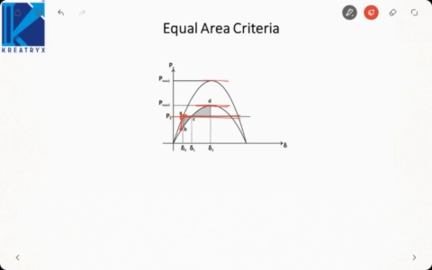Now this is my PS, this is my P. P is less than PS, so delta will increase. At point C both become equal, but delta will still go on increasing up to point D. Here again we will attain the synchronous speed omega s. And we will equate these two areas from B to C and C to D to determine the stability of the system.